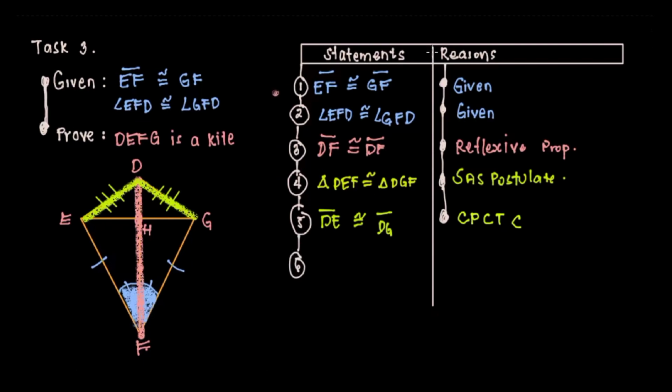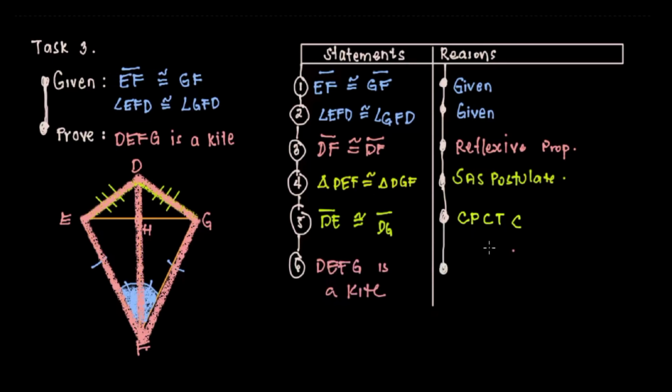Kung nakikita natin mabuti itong shape na to, this is actually a kite. Okay? That DEFG is actually a kite. Lagay muna natin yan sa huling statement. So we have DEFG is a kite. Why? Okay? This is the reason. If a quadrilateral has two distinct pairs of adjacent sides that are congruent. Ano ibig sabihin nun?